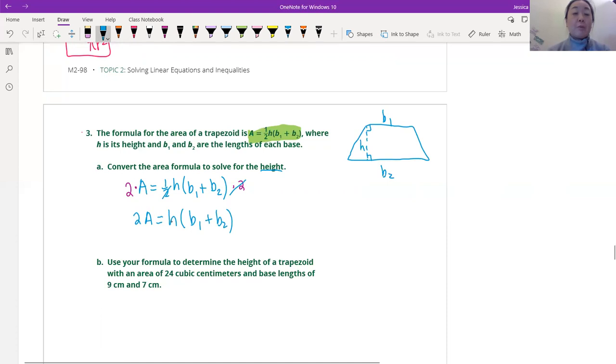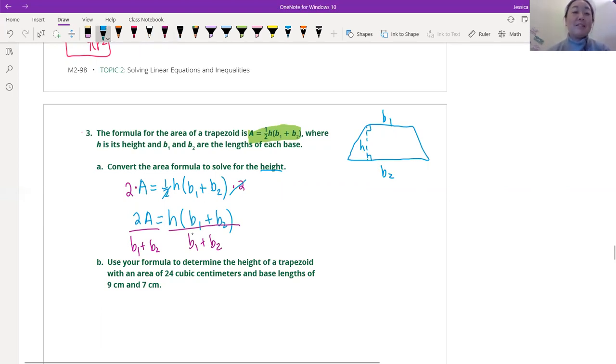Now you may think we could just distribute that, but we're not doing that because we already have h in one place. We just need to get rid of that whole thing. What is b1 plus b2 doing with h? They're multiplying, so we divide by b1 plus b2. If you were in class and saw this go down, people chose 4 because they thought it was simpler, when in fact this is way simpler.